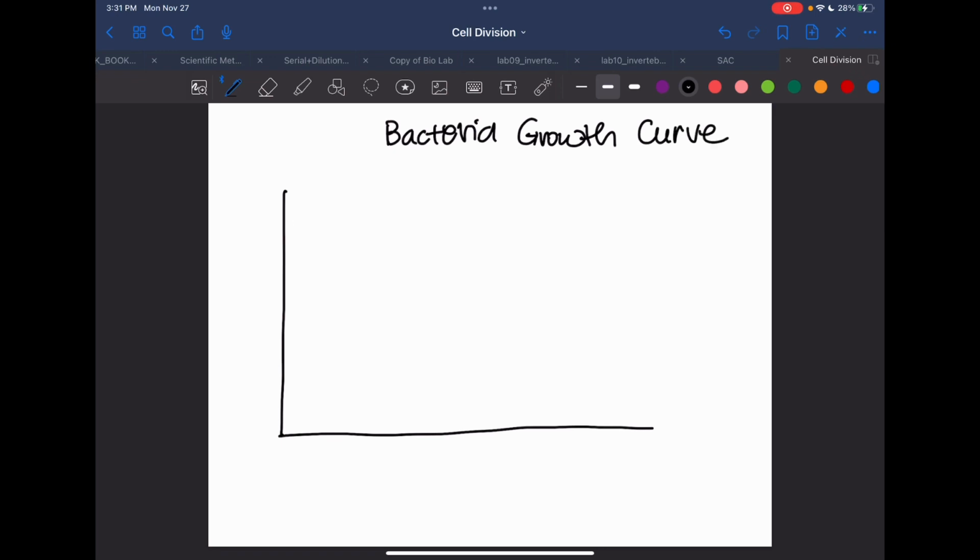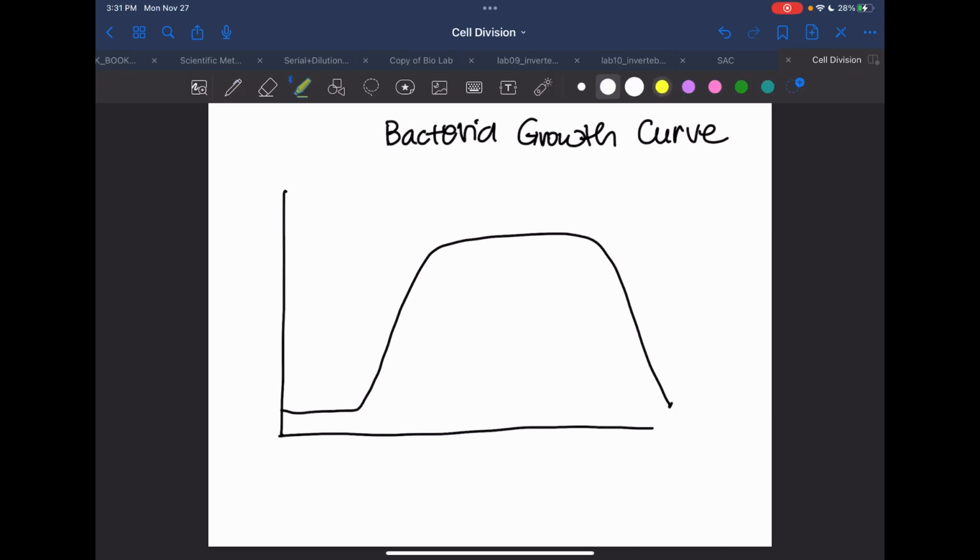Ideally, our growth curve should look something like that, right? If you're just here for the calculations, you can totally skip this part, but I just want to make you guys aware that in our lab, the graph that we usually get is just going to be this part, and that is the shape that we're looking for.